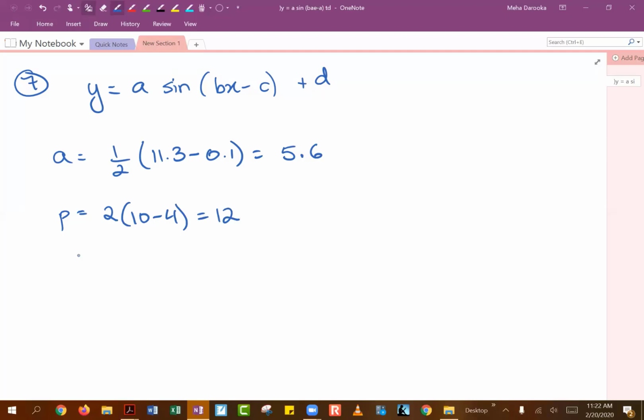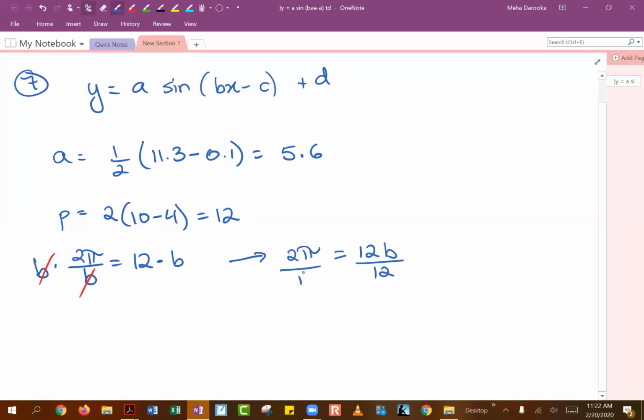The idea is 2 pi over B gives you your period, so that'll be 2 pi over B equals 12, and then you multiply both sides by B and divide both sides by 12 to get that B by itself. So this will end up giving us 2 pi equals 12B, divide both sides by 12.